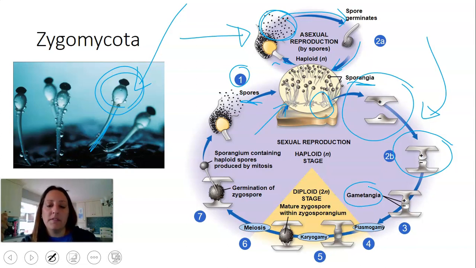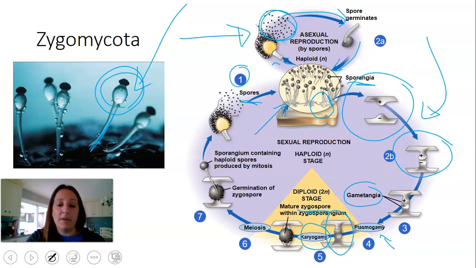They'll grow close enough together, and we get, here's that term, plasmogamy. They'll fuse. So here, this would be a dikaryotic nucleus. That's going to be followed by karyogamy, and we end up with a zygospore inside of a zygosporangium. So that's the zygote.